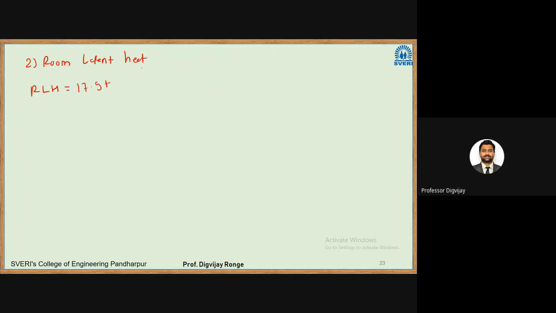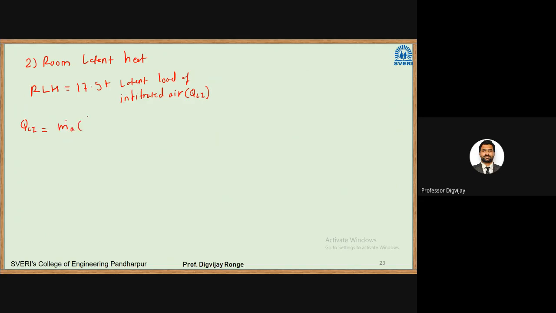17.5 plus latent load of infiltrated air. So again, let us assume this as QLI. QLI will be equal to mass flow rate into latent heat.